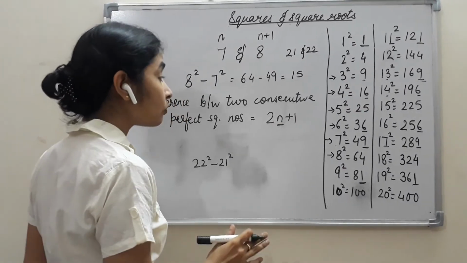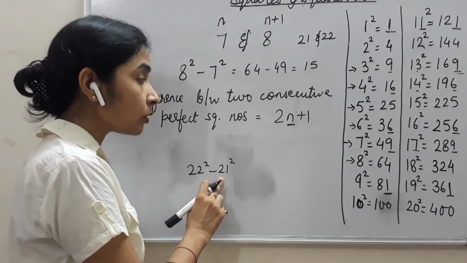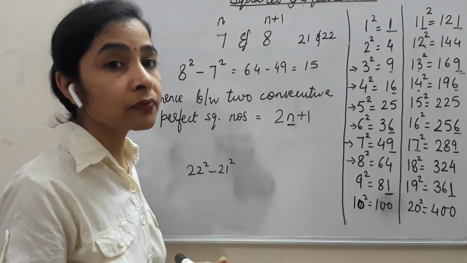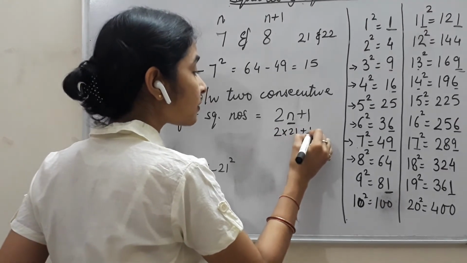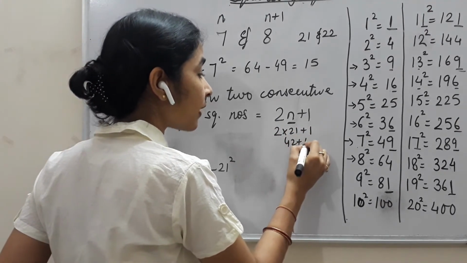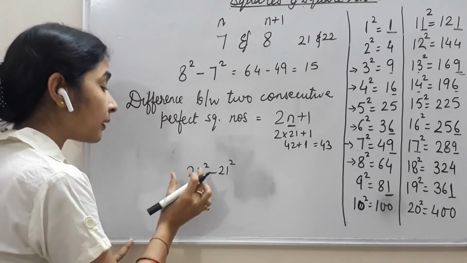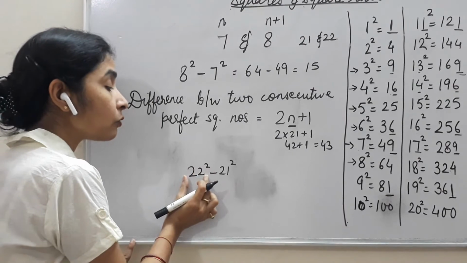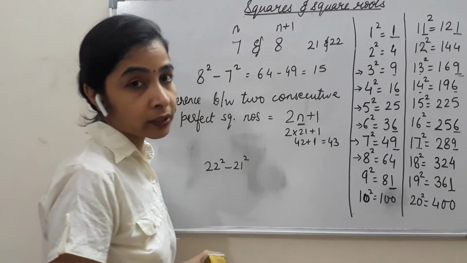So I'll just multiply 2 into 21, that means 42, plus 1. The difference will be 43. So 22 square minus 21 square is equal to 43.